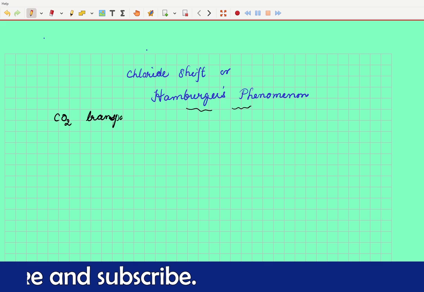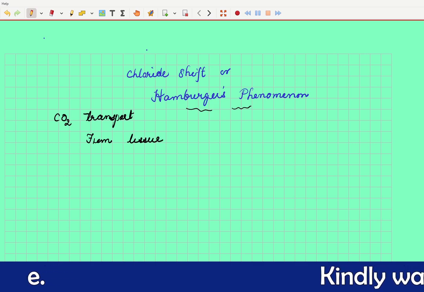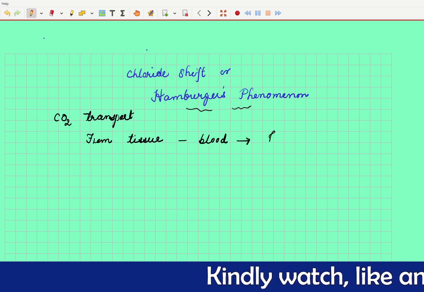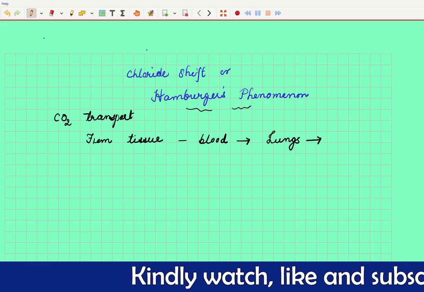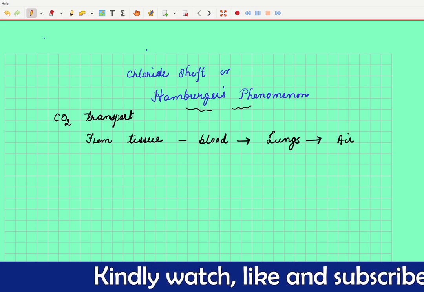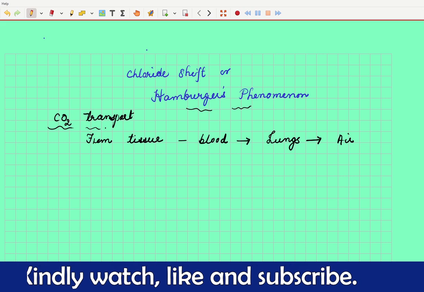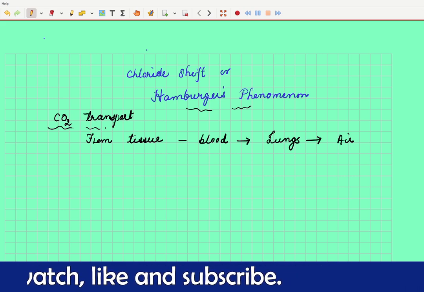Carbon dioxide is transported from the tissues through the blood to the lungs, and from the lungs it will be expelled out to the air. During this transport, the carbon dioxide is converted into different forms.